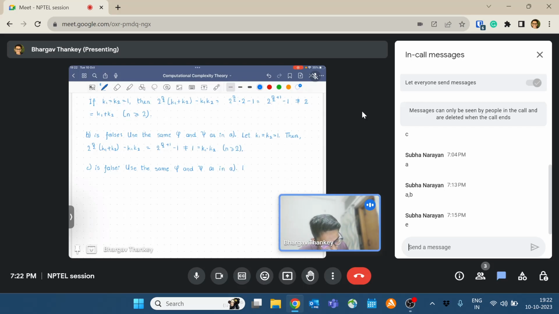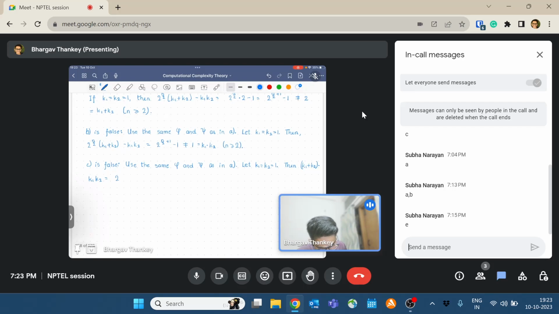And again, let K1 equal 1. Then K1 plus K2 times K1 K2, this is 2, and this is not equal to 2 to the n over 2.